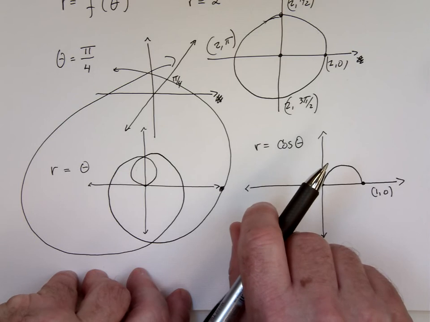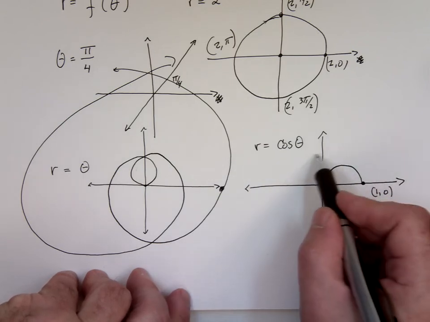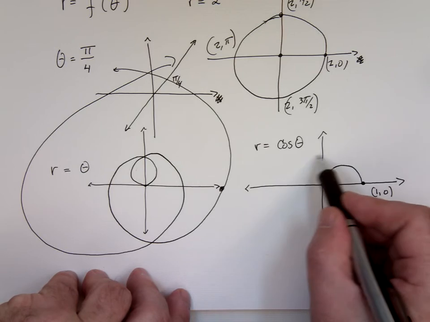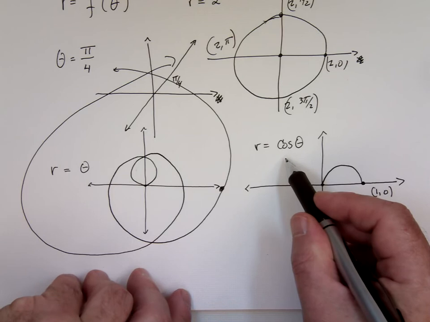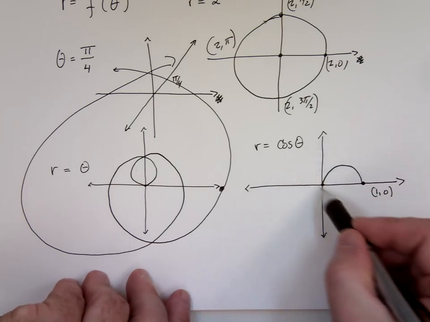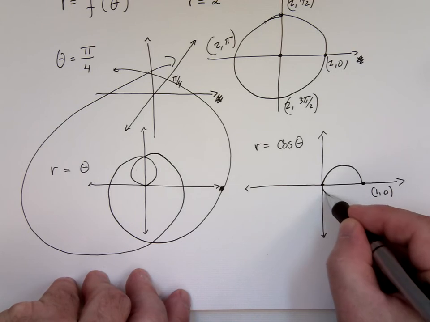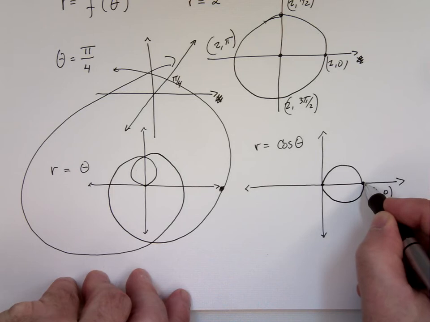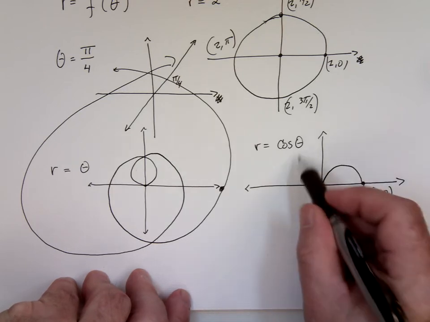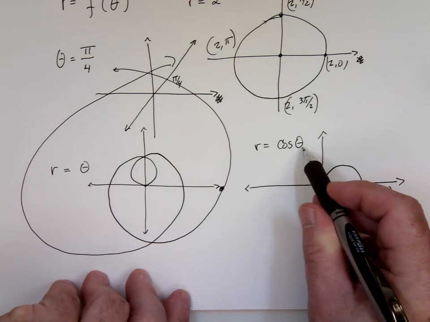As you continue increasing theta, come over here into the second quadrant. What happens to cosine? It goes negative. So the r comes back over to the other side. It continues this way. When theta is equal to pi, the cosine of pi is equal to -1.